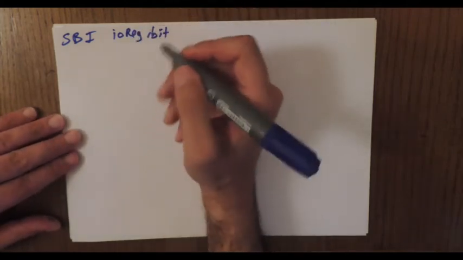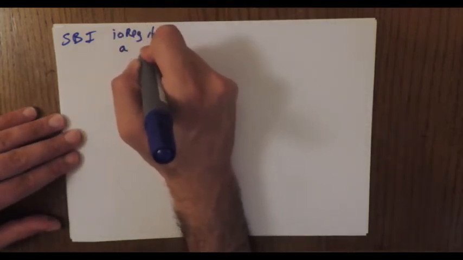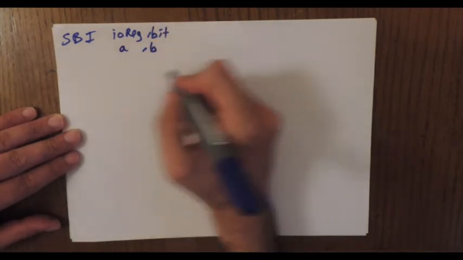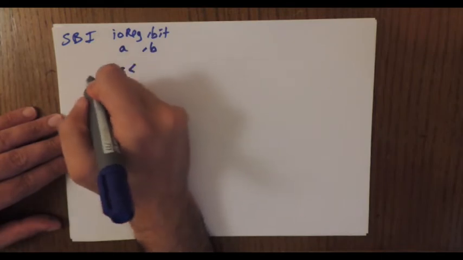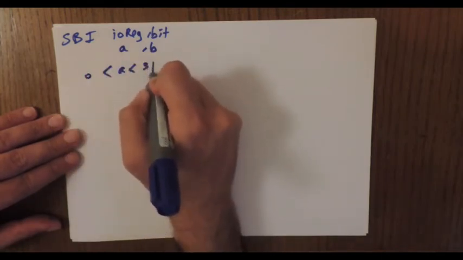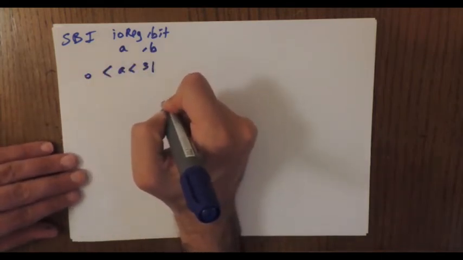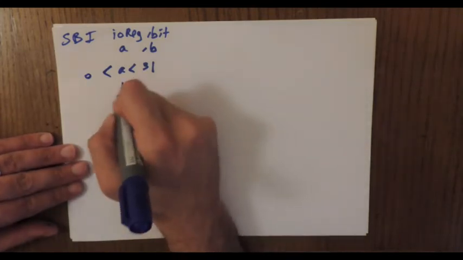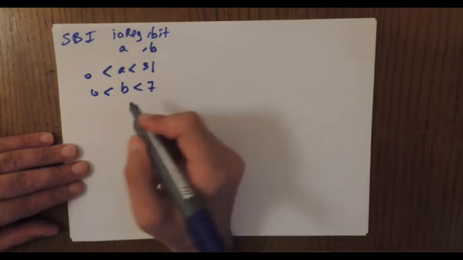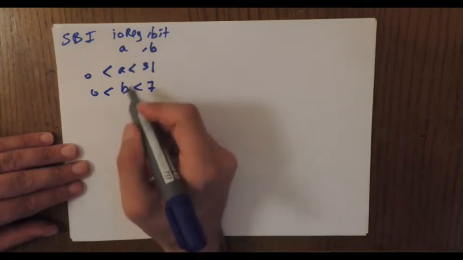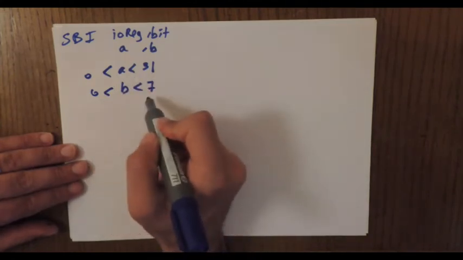So if we take, this is A and this is B, A can take values from 0 to 31, all the IO registers, and B can take values, of course, from 0 to 7, because B can only take values bit 0, bit 1 till bit 7.